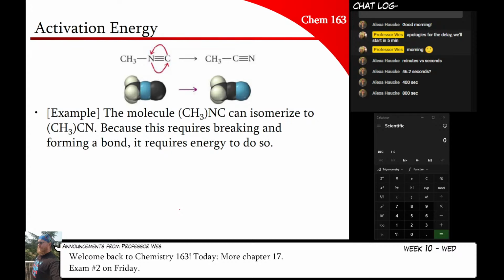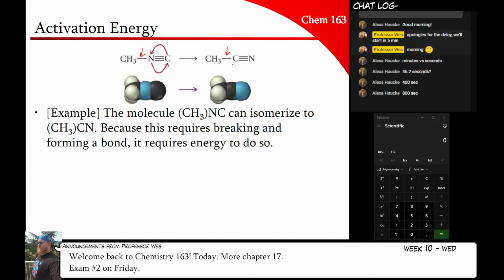Here, for instance, the molecule on the left has a higher energy than the molecule on the right. The carbon-nitrogen single bond, right here, is weaker than this carbon-carbon bond.